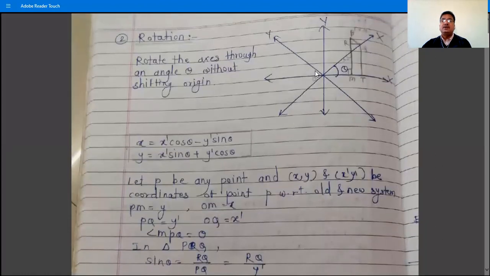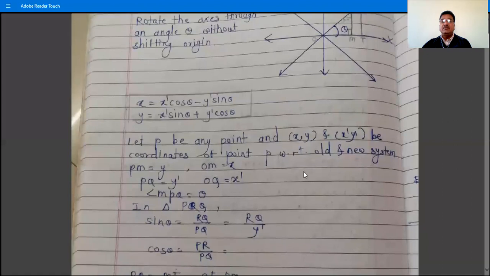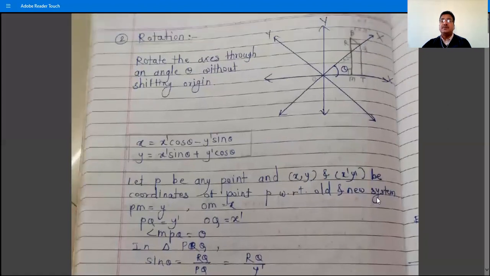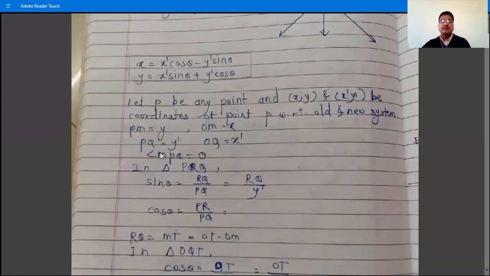That is, after a rotation of axes through an angle theta, we have the new system, and suppose the coordinates of the point P with respect to the new system are (x dash, y dash). So here is the point P and its coordinates are (x, y) and (x dash, y dash). Both are the coordinates of the same point with respect to the old and the new system.